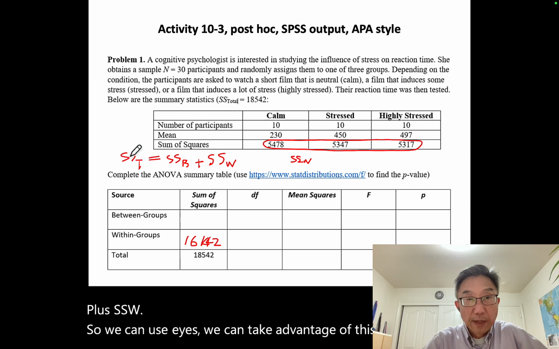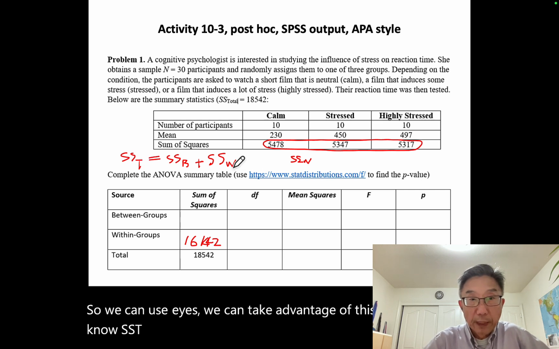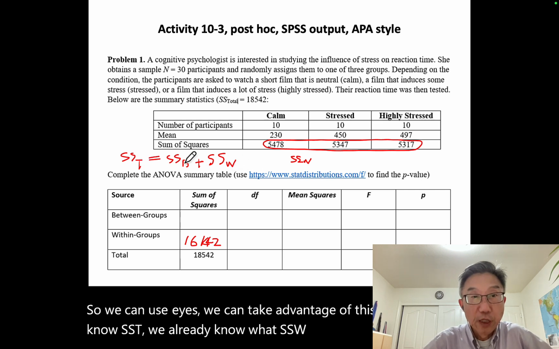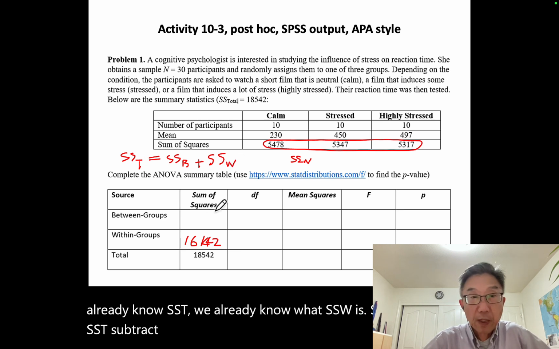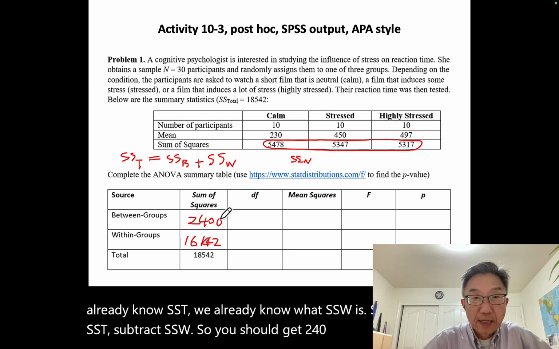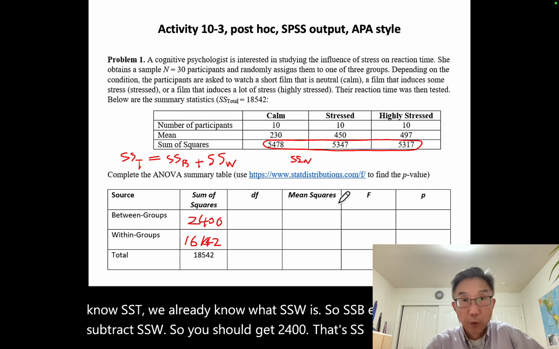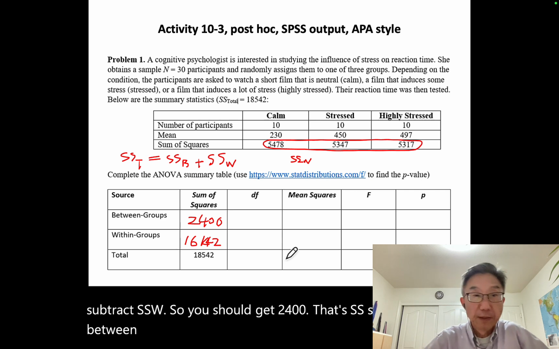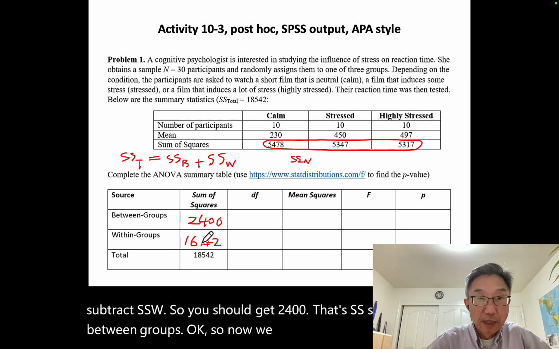We already know SST. We already know what SSW is. So SSB equals SST minus SSW. So you should get 2400. That's the sum of squares between groups. Okay, so now we have SSB and SSW.